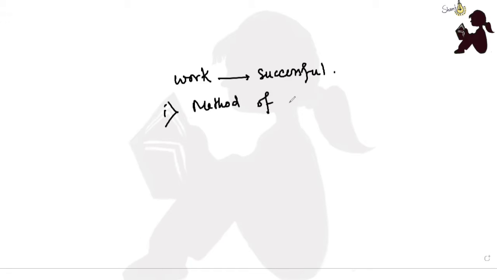Then his work plan was very successful, because of his method of work and proper planning strategies.